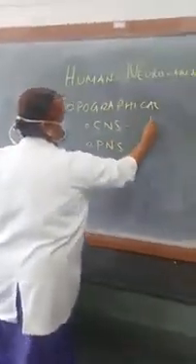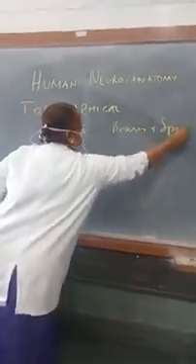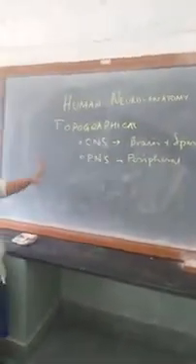The central nervous system is the brain and the spinal cord. The peripheral nervous system is the peripheral nerves, that means the spinal nerves which come out from the spinal cord to reach the target organ.